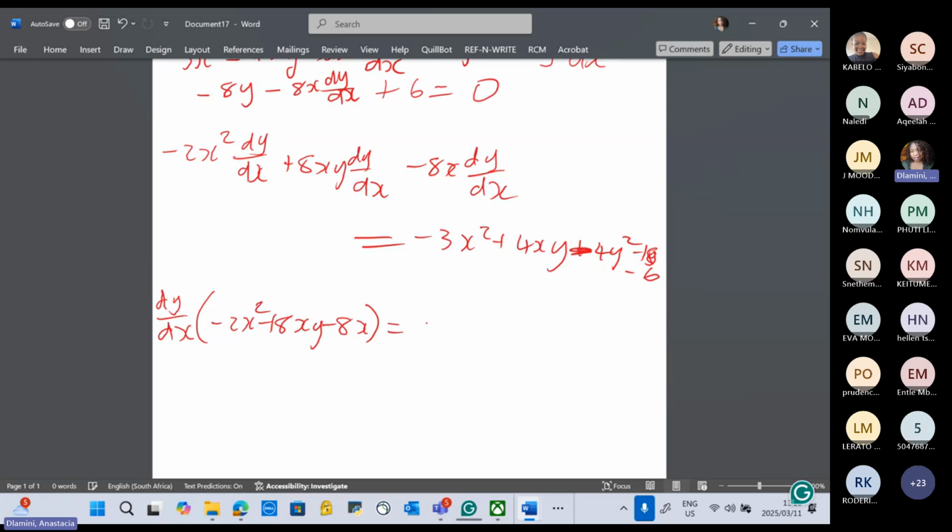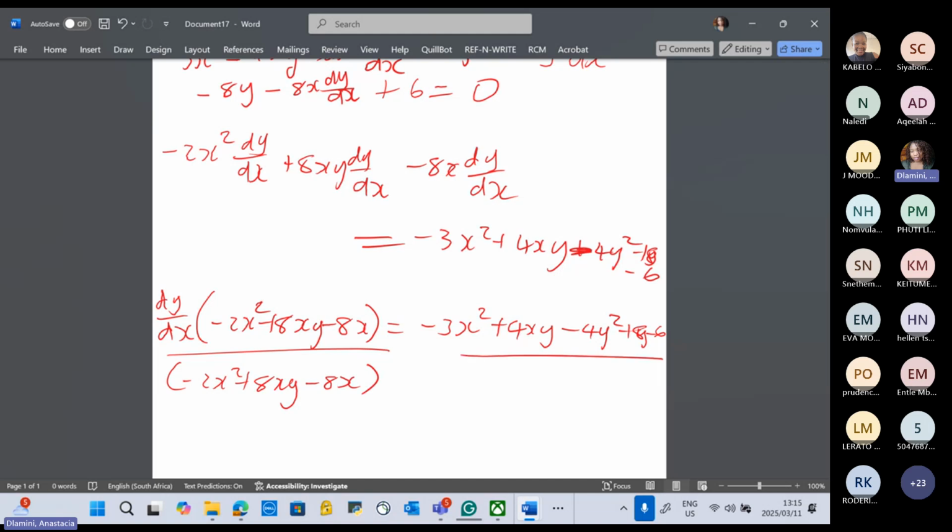Then you divide both sides by minus 2x squared plus 8xy minus 8x.